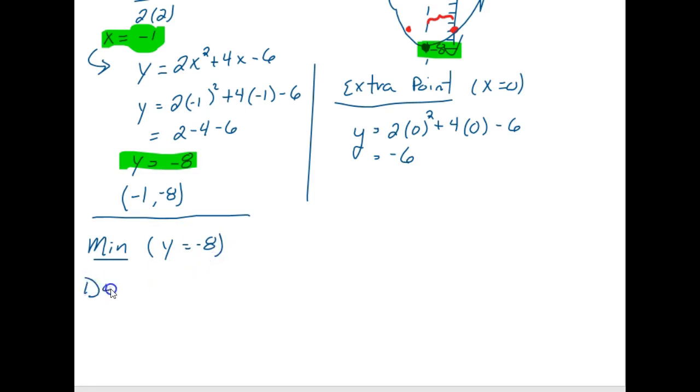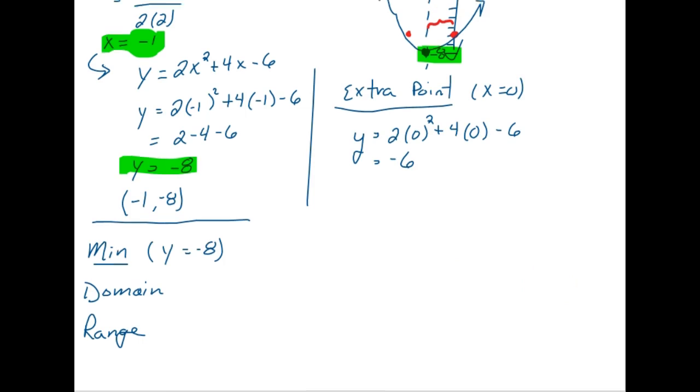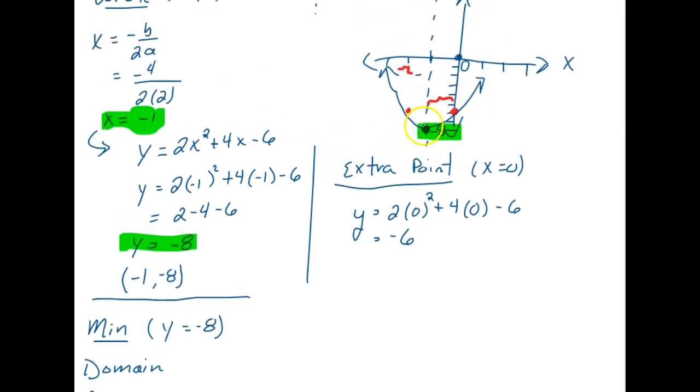And then we've added in our domain and our range. So for x values, the graph is forever moving to the right and moving to the left. So for your domain, your x values could be any number, so we just say they belong to the set of all real numbers.